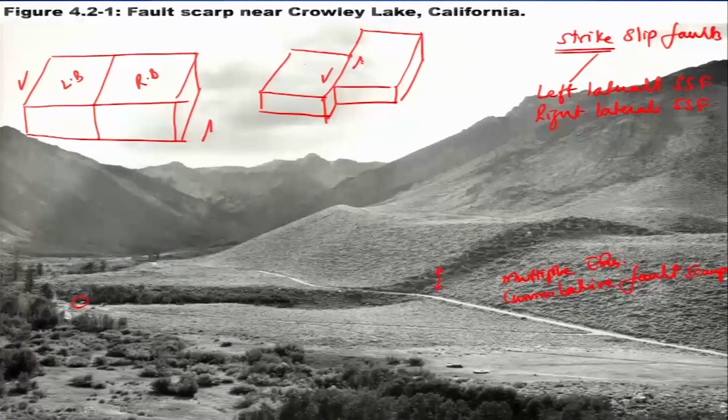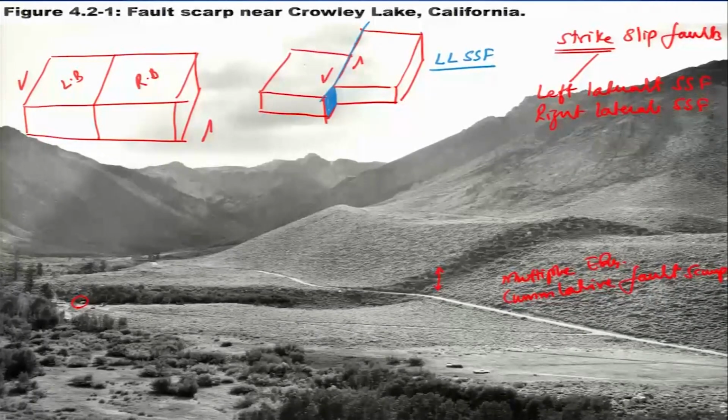So what I have in the form of the plane is this one here. So this is my fault plane, and since it has moved along the strike, we term this a strike slip fault. So slip along the strike, and the previous two were slip along the dip of the fault. Okay, so this is one. So this is your left lateral strike slip fault.